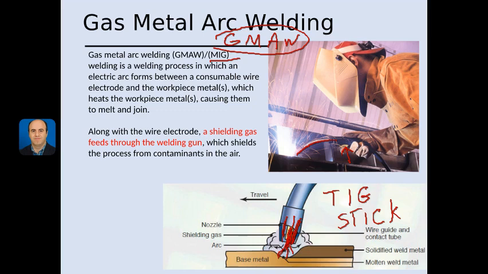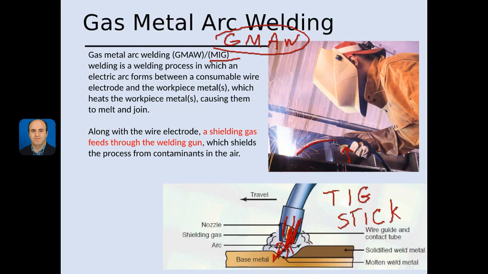You don't need to think about bringing the torch close, or adjust your gap continuously, right? So when you set a certain gap between the gun and the workpiece, then you're all set. You can keep that gap.